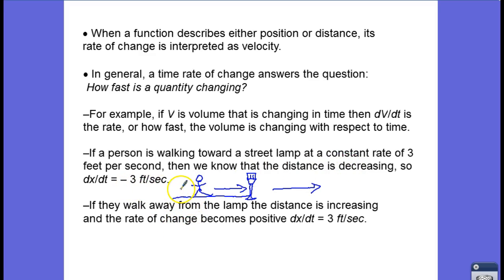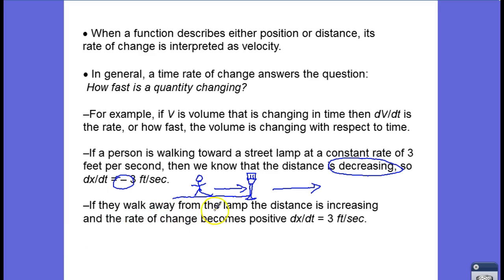And so although the person may be moving in a positive x direction, the slope of the line indicating the rate of change is negative. So the word that you're looking for here is decreasing, and that corresponds to the sign for your rate of change.